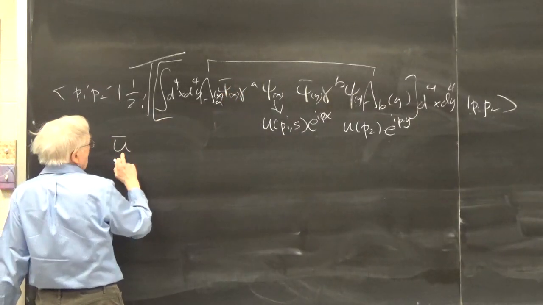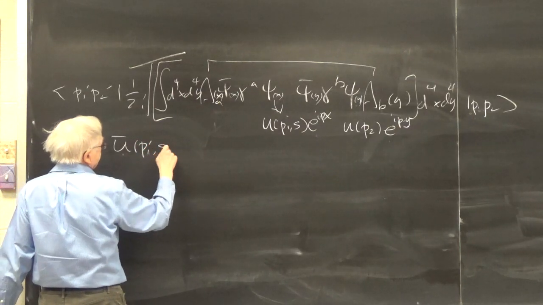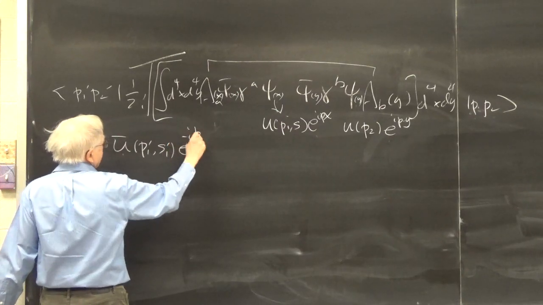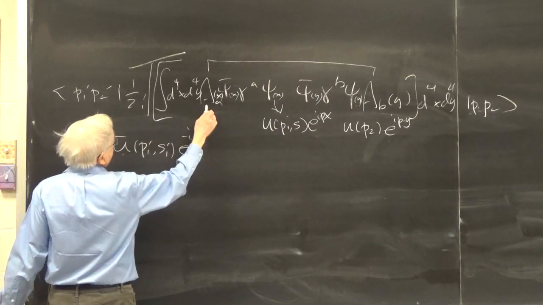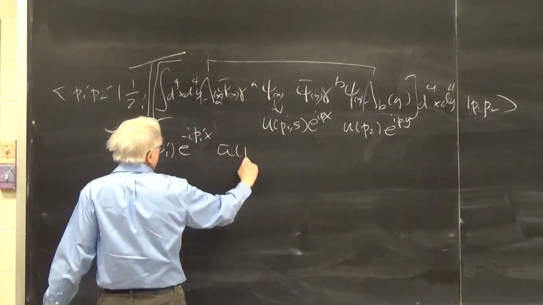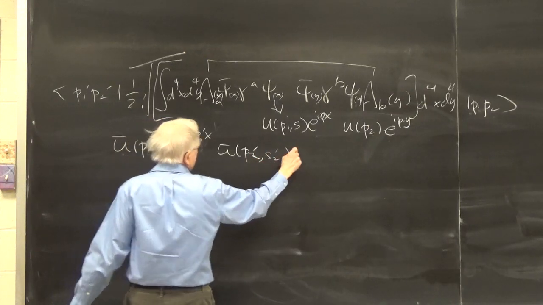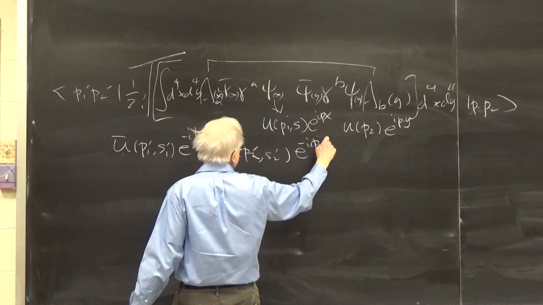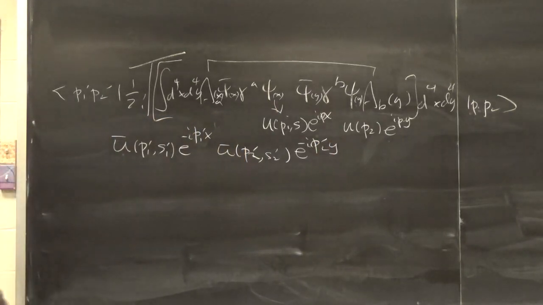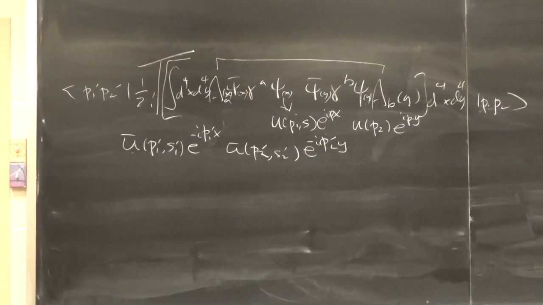Anyway, it's a u bar of P1 prime, S1 prime, e to the minus i P1 prime x, and u bar of P2 prime, S2 prime, e to the minus i P2 prime y. So then you integrate d4 x, d4 y, and you get an overall delta function.